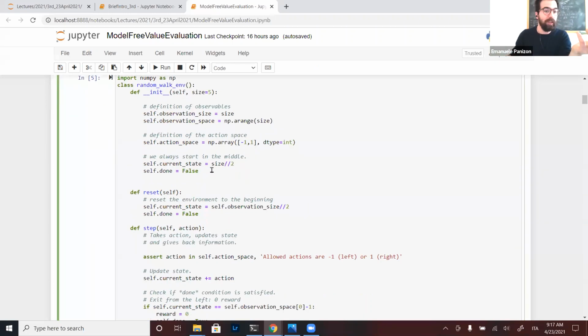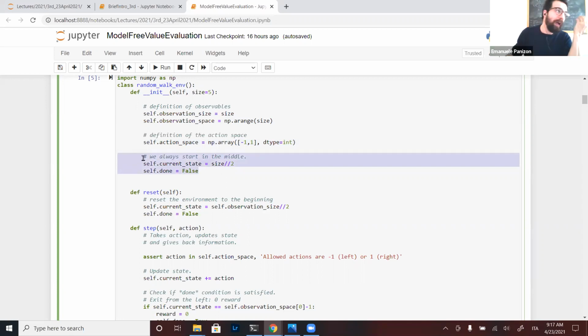Generally speaking, it has an initializer in which you define what the observable space is. In this case, it's very simple. We have just n states. I'm not considering the terminal states. And the space is literally the array of 0, 1, 2, 3, 4, 5 up to the size. The action space we have to define is just -1 and 1, left and right.